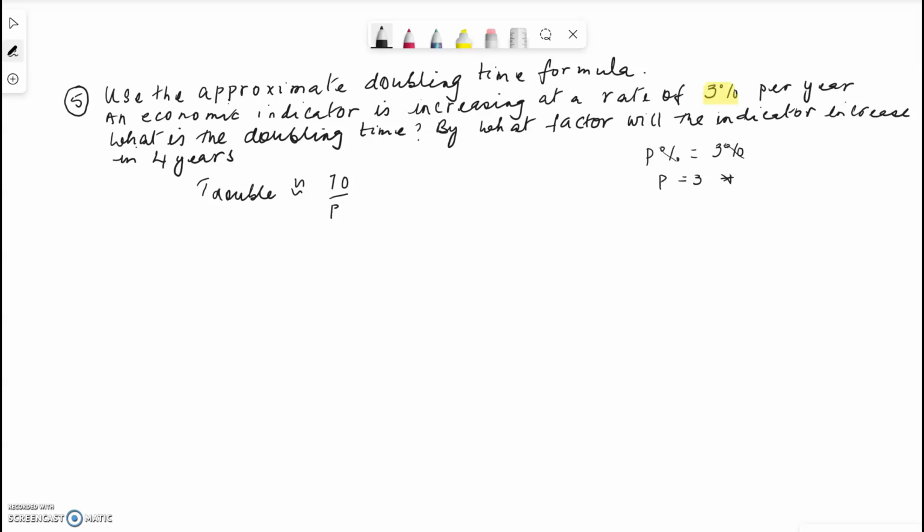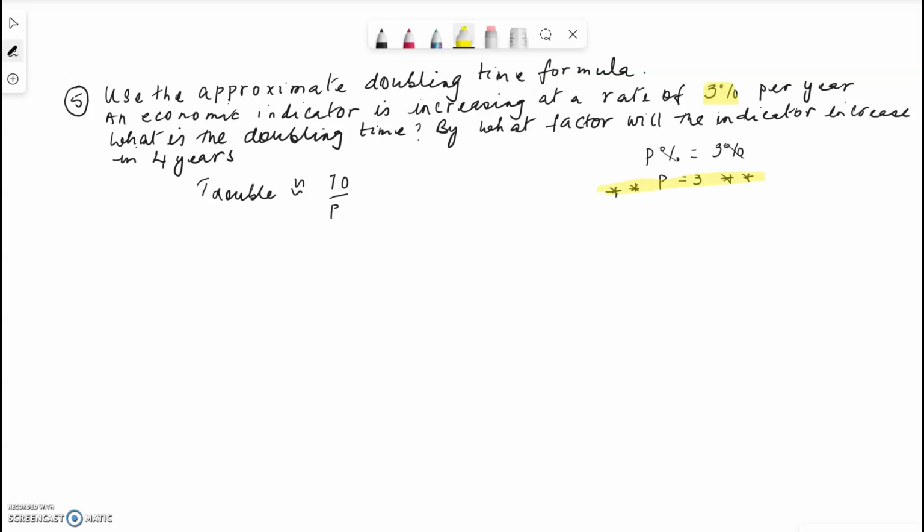This is probably the most important thing that you have to remember about this formula. Normally in compound interest and other problems, we always take the rate as 0.03, which means we take the 3 and divide by 100. But for this particular formula, I want you to remember this.